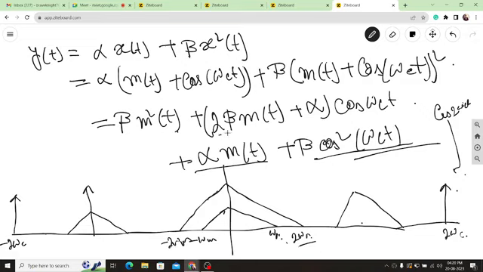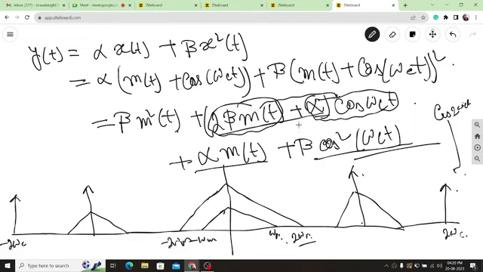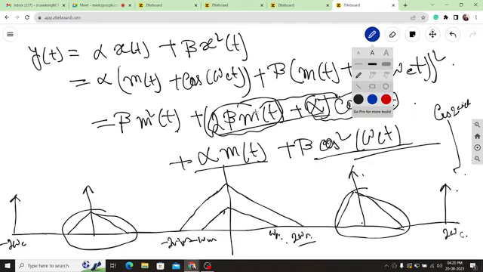And this signal will contain delta pulses due to this alpha term cos omega c t, and due to the modulation with cos omega c t, it will have these two pulses. So this is clear. Let me make colors for this so that it will be easier.